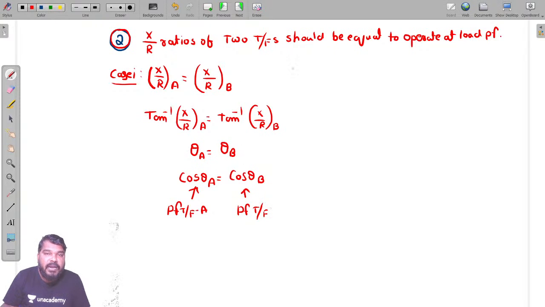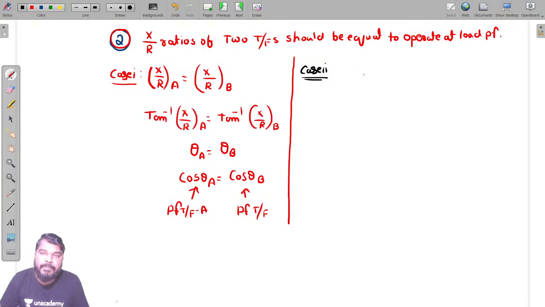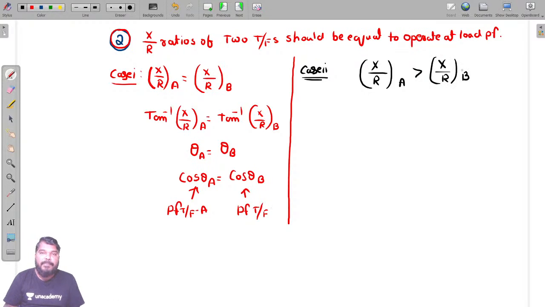So if X by R ratios are equal. Now in case 2, if X by R ratios are unequal, then what will happen? Suppose the X by R ratio of transformer A is greater than the X by R ratio of transformer B. Take tan inverse on both sides.